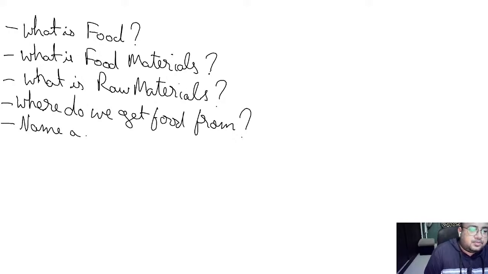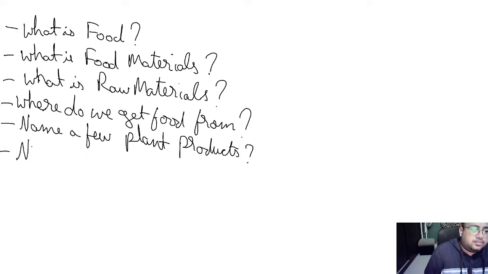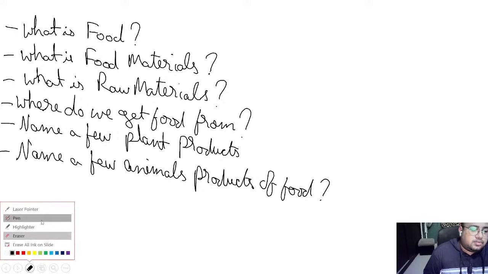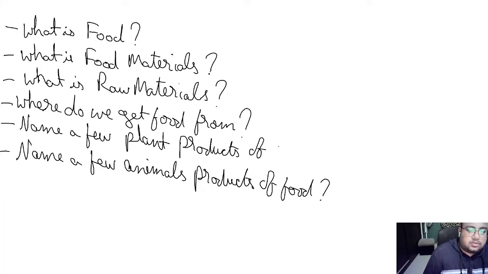Name a few plant products. Okay. Name a few animal products. Animal products of food. Okay. Correct here also. Plant product of food.